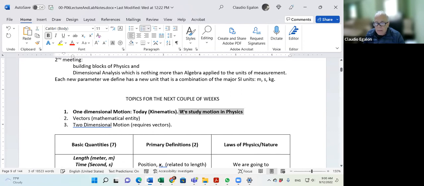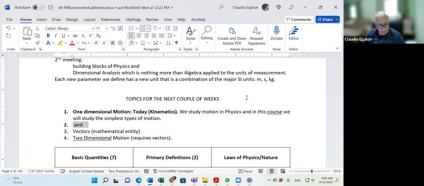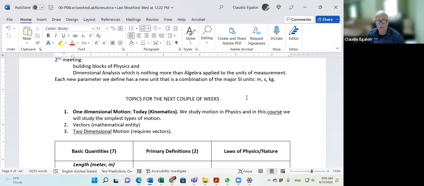In this course, you are going to study the simplest types of motion. You gotta understand those simple types of motion so you can understand the more complex ones that you're going to see in your professional life in the future.